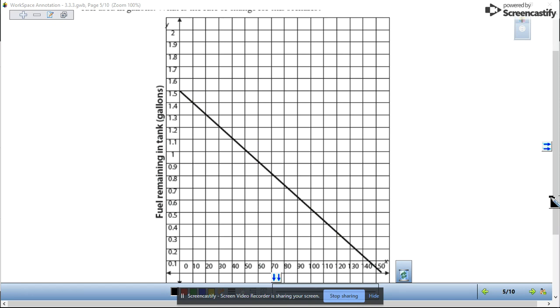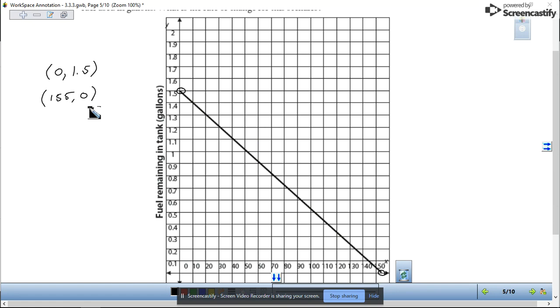So we need to find our starting and ending points. It looks like our starting point is here, so that would be (0, 1.5), and it looks like our ending point is down here, which looks to be (155, 0).